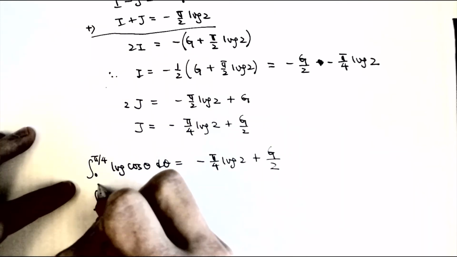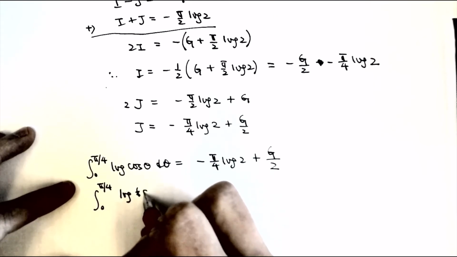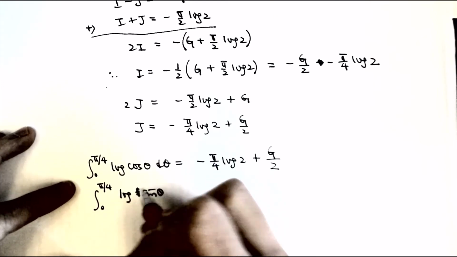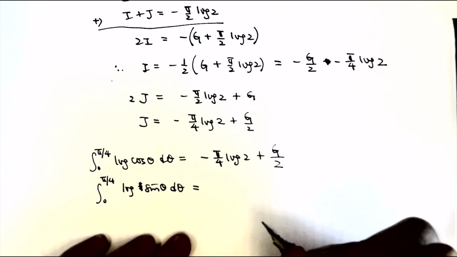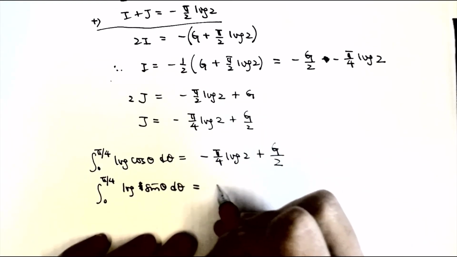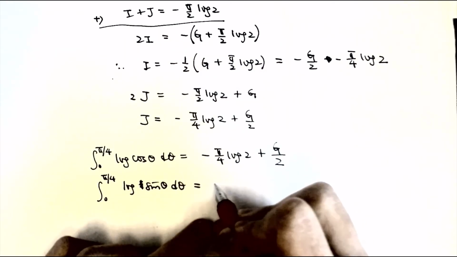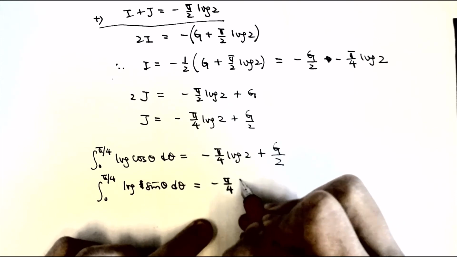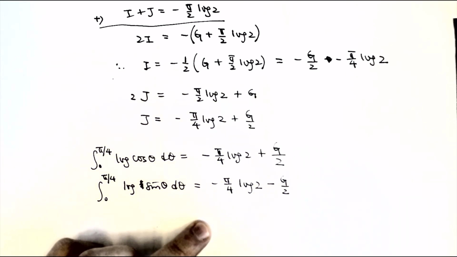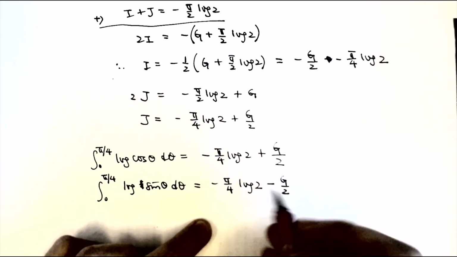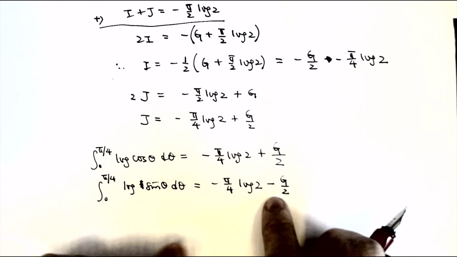And for the sine version, sorry for the typo here, we will have minus pi over 4 log 2 minus G over 2. So it is a little bit symmetrical about the minus pi over 4 log 2: one is plus, one is minus.